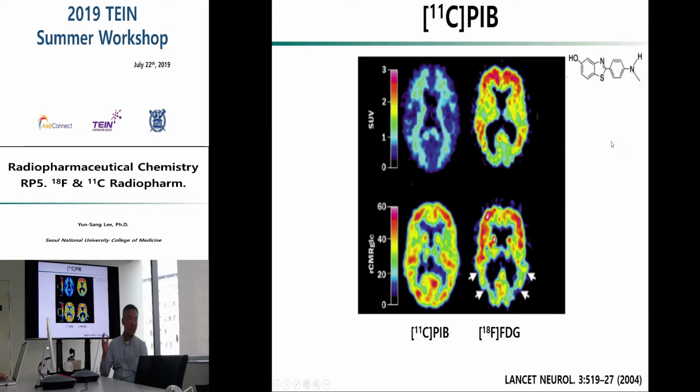So that's why nowadays we want to make a therapeutic radiopharmaceutical. Everyone in the world wants to make a therapeutic radiopharmaceutical. But still, we have a chance if there is a new drug for treatment of amyloid plaque Alzheimer's disease.